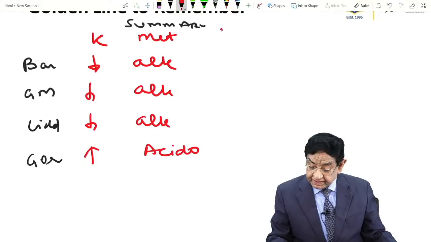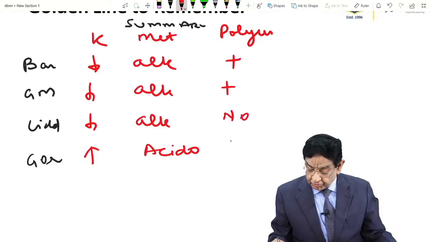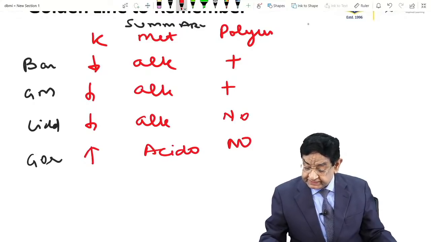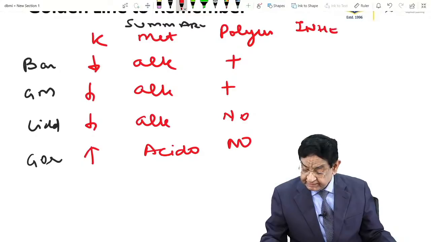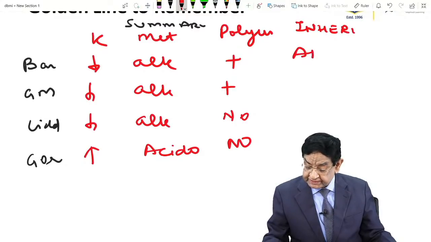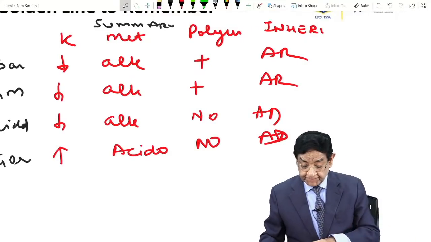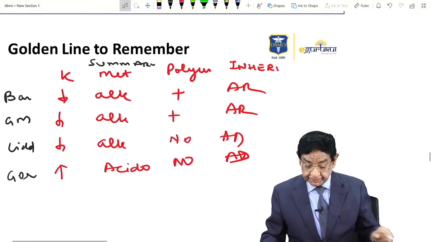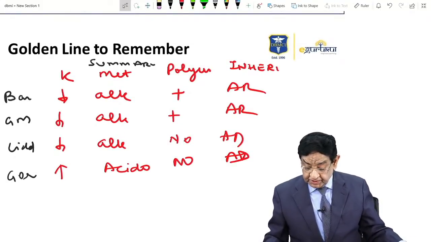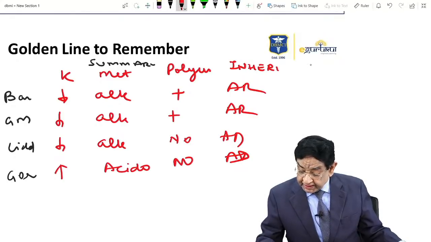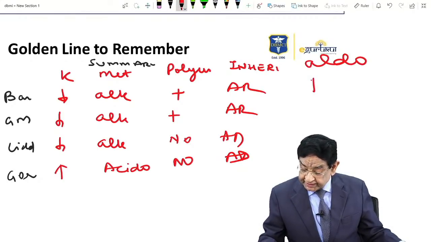Okay, then polyuria: yes, no. Inheritance: recessive, dominant. Aldosterone level: increase, reduce.